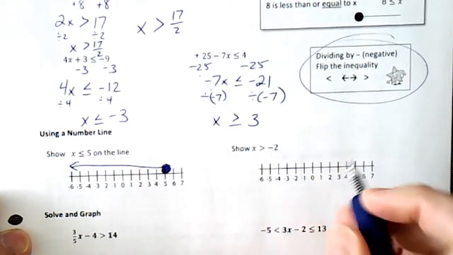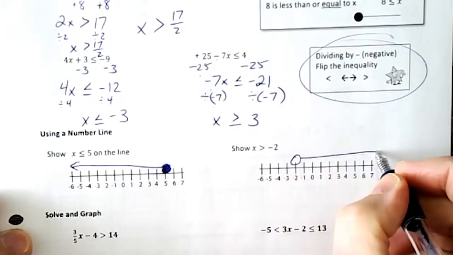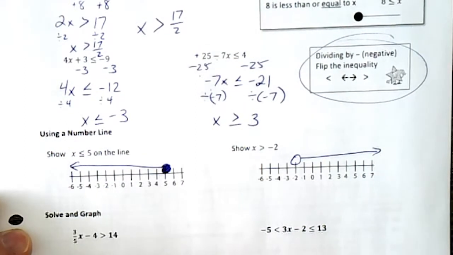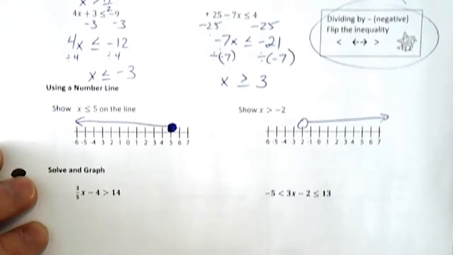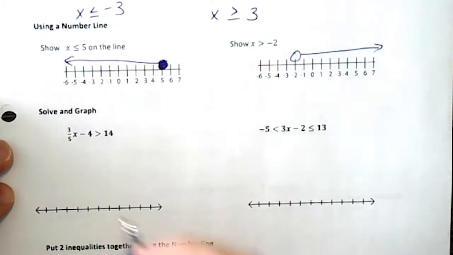So this one, -2, and I want greater than, and it's a white dot because there's no equal sign. So now we have two examples. You're going to do the same thing, try it out on your own, and then check the answers.